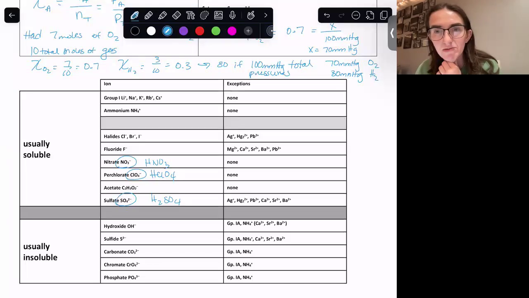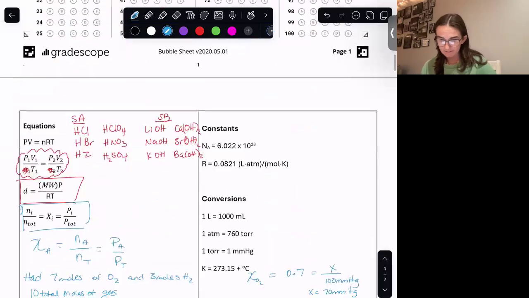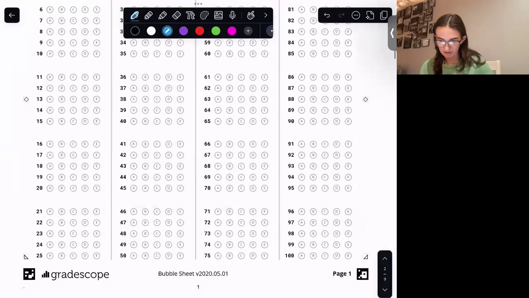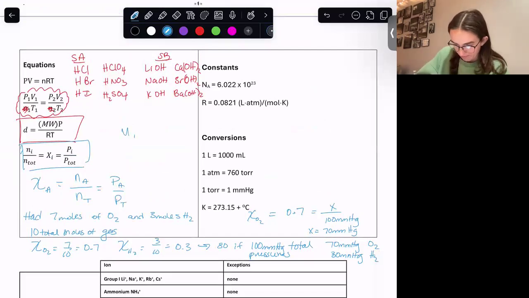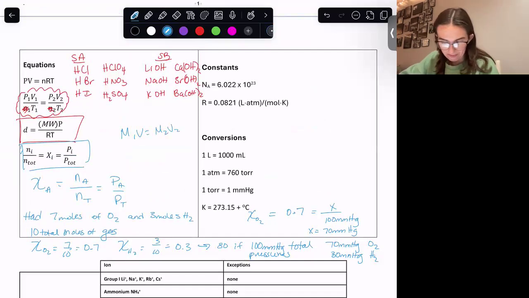I don't think you need to memorize any formulas. I think all of the formulas you need, honestly, except for maybe M1V1 is equal to M2V2. Other than that, that's really the formulas you need.